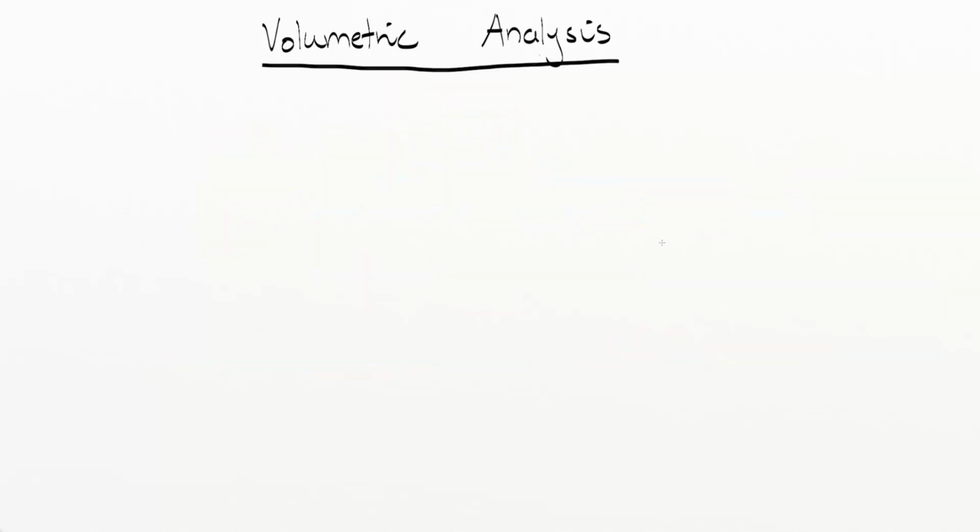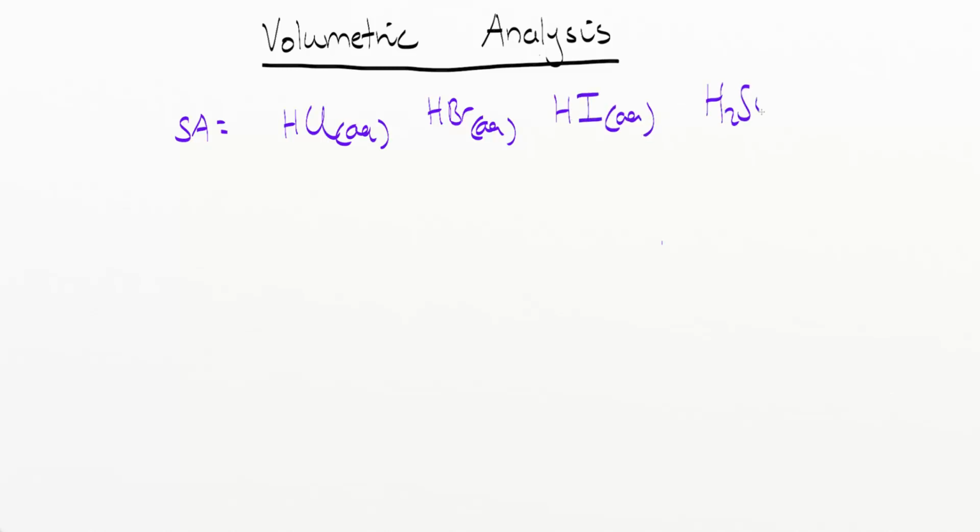Let's have a look at some examples of strong acids and strong bases. The strong acids that you need to remember, and the ones that most commonly come up, are hydrochloric acid, HCl, in aqueous solution, HBr, HI, sulfuric acid, H2SO4, nitric acid, HNO3, and then phosphoric acid.